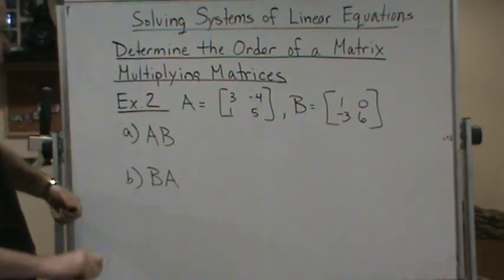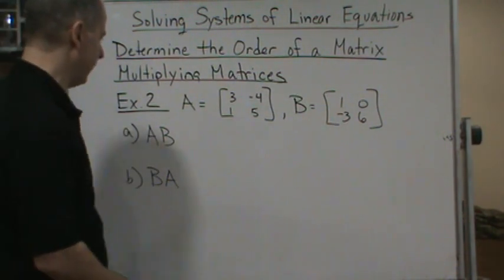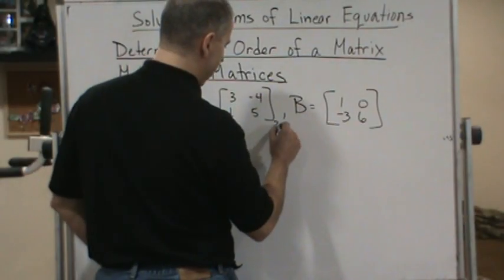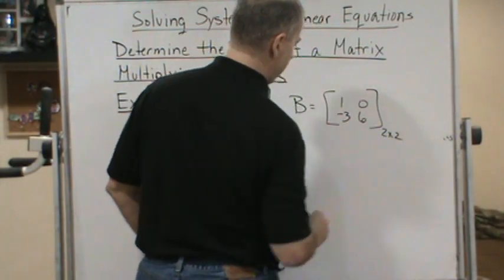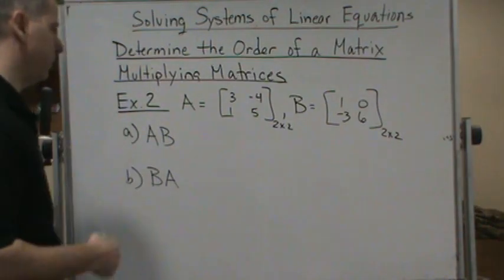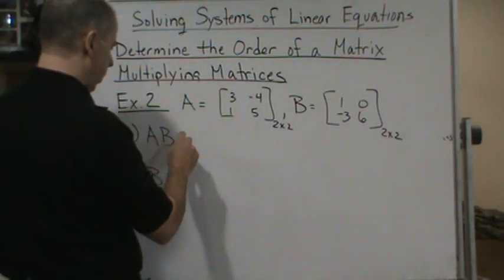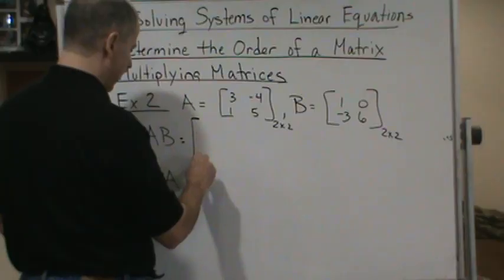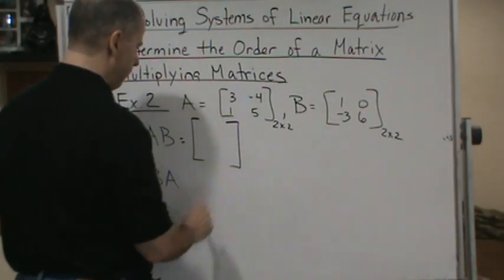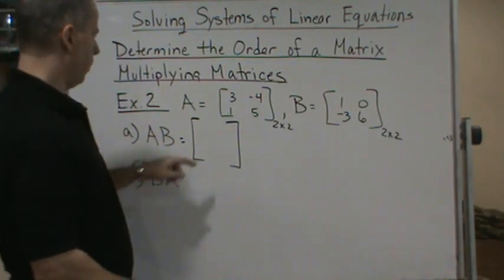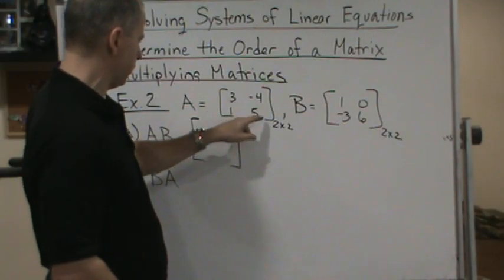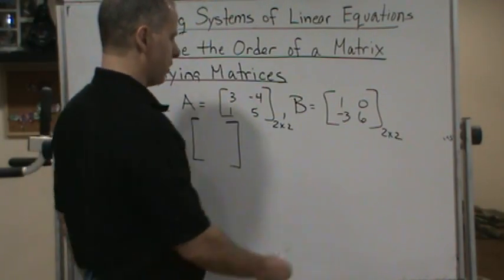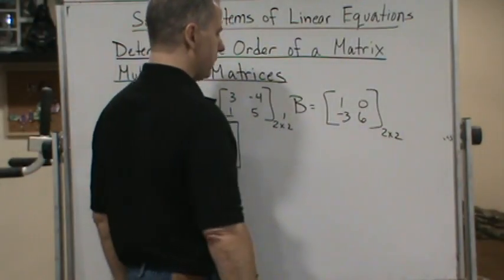So to show you, let's do this. A times B, right? So these are both 2 by 2 matrices, which means the resulting product matrix is going to be 2 by 2. So let's do this. If we set this up, all we're going to do is cycle through the rows of the first matrix along with the columns of the second matrix.